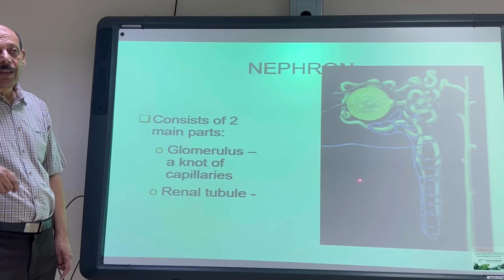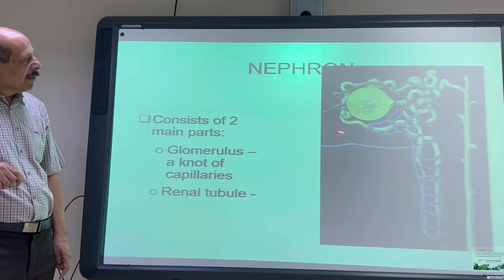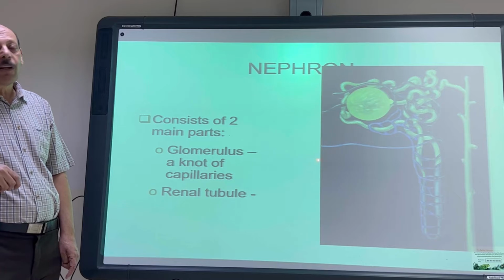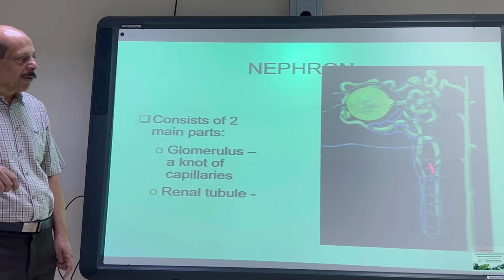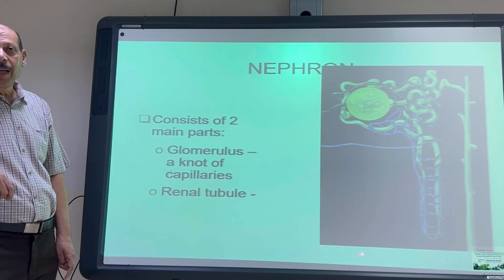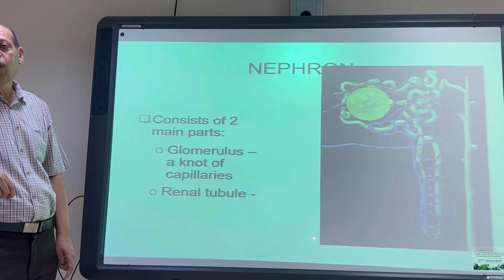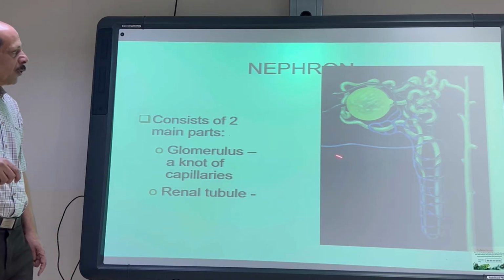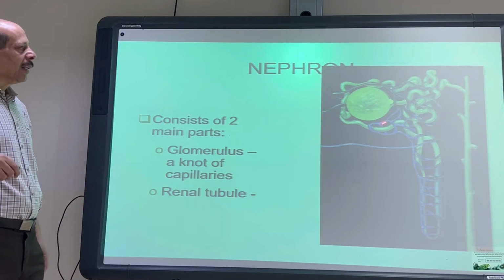See, that tube is coming down and up and going around the glomerulus. All of those kinks, all of those parts, have a function in the urine formation process. So we will come to their function and how the urine is formed in the kidney.